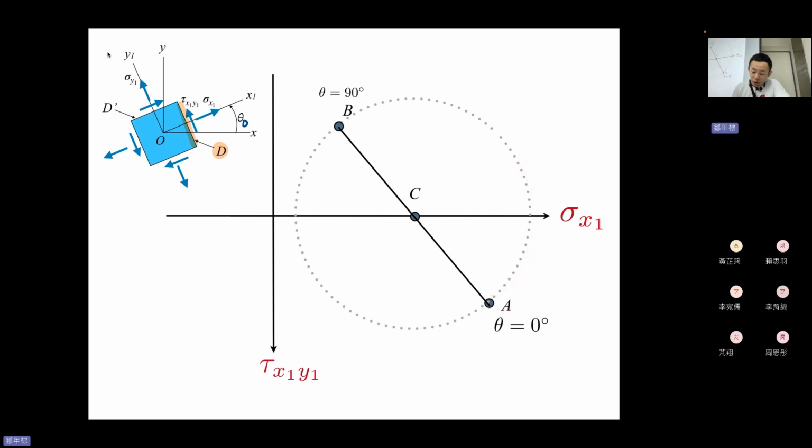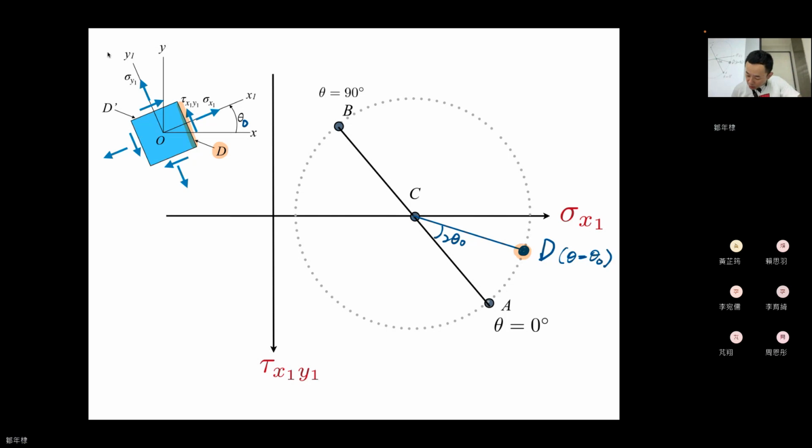Okay, in the circle space. So here is D, which means that theta equal to theta 0, but it should be 2 theta 0 in the circle space. Now you set the D point.